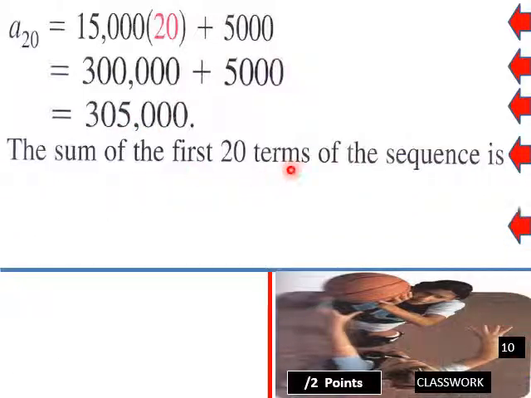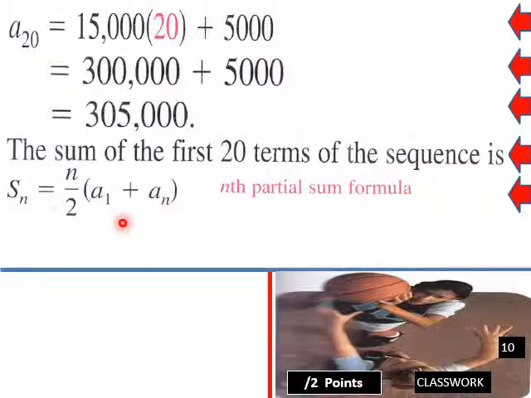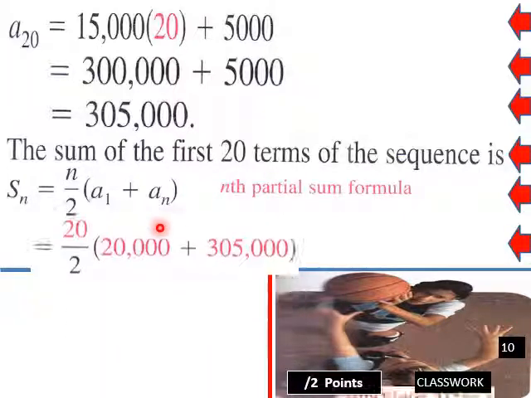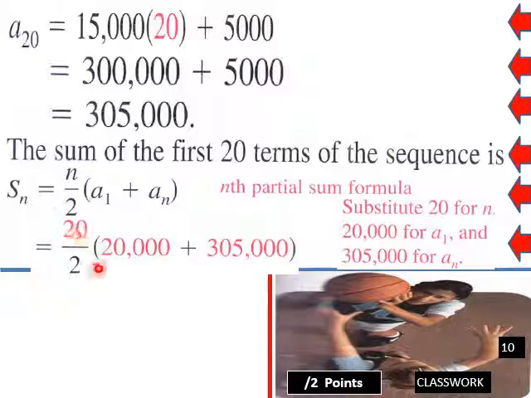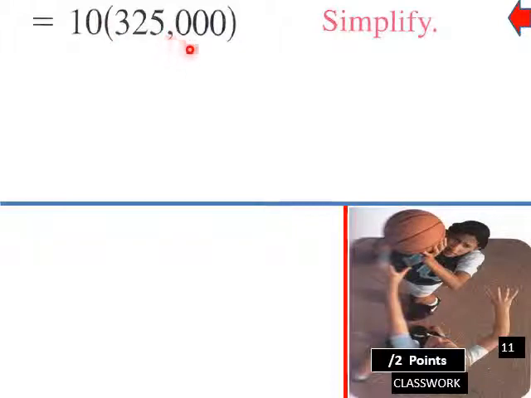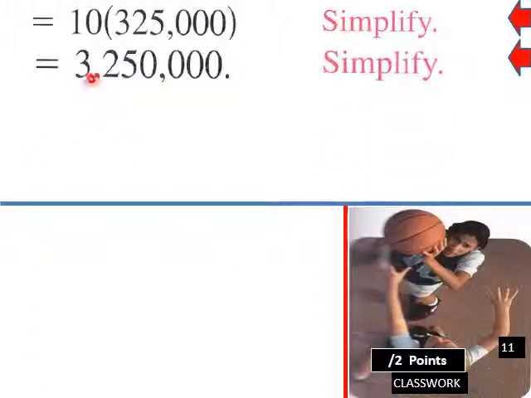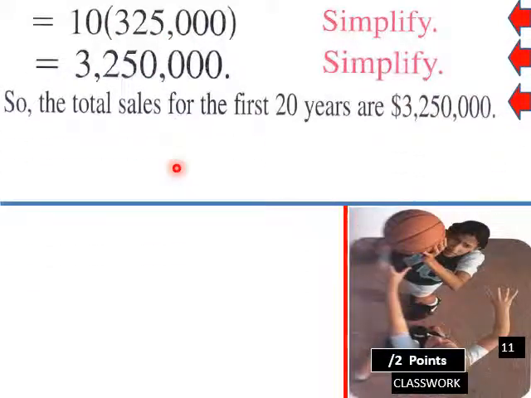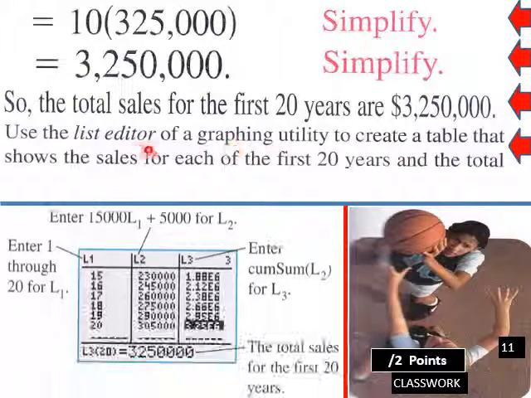The sum of the first 20 terms of the sequence uses the nth partial sum formula: 20 over 2 times 20,000 plus 305,000, with 20 for n, 20,000 for a1, and 305,000 for an. What does that come out to? 10 times 325,000, which comes to 3.25 million. So the total sales for the first 20 years are 3.25 million.